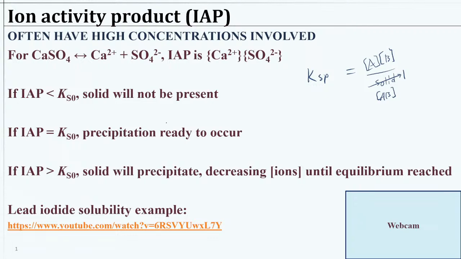So if we had an imaginary, I don't think this would be solid. If we had something like Na2SO4, I think that would probably dissolve very well. But if we put enough to make it precipitate, remember that the solubility product for that, we would have to have sodium squared because it has the 2 there, right?